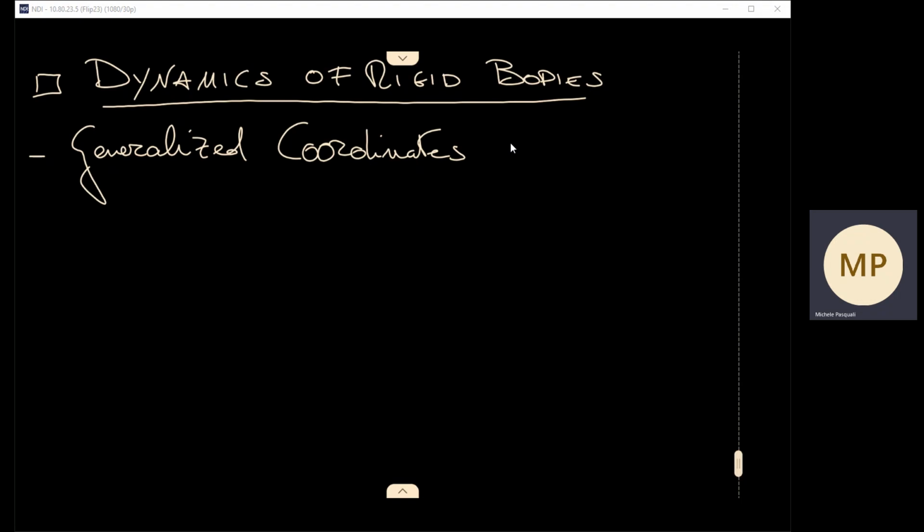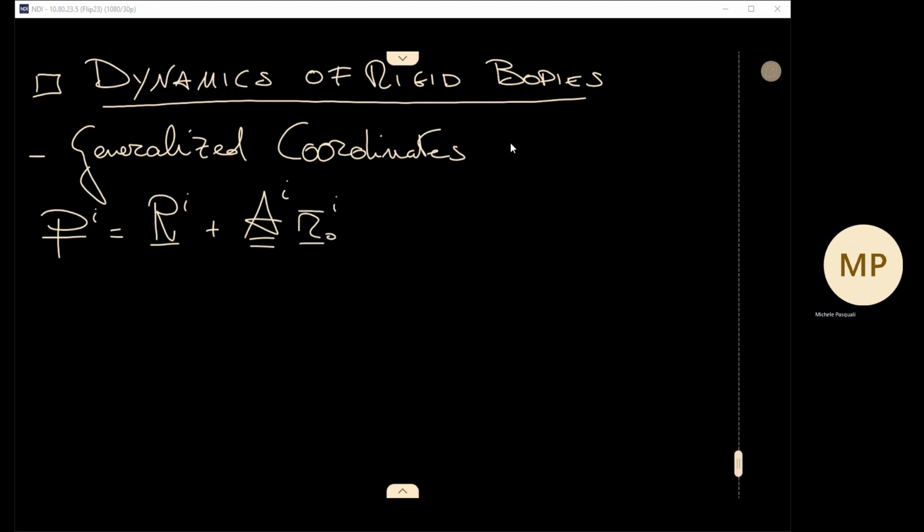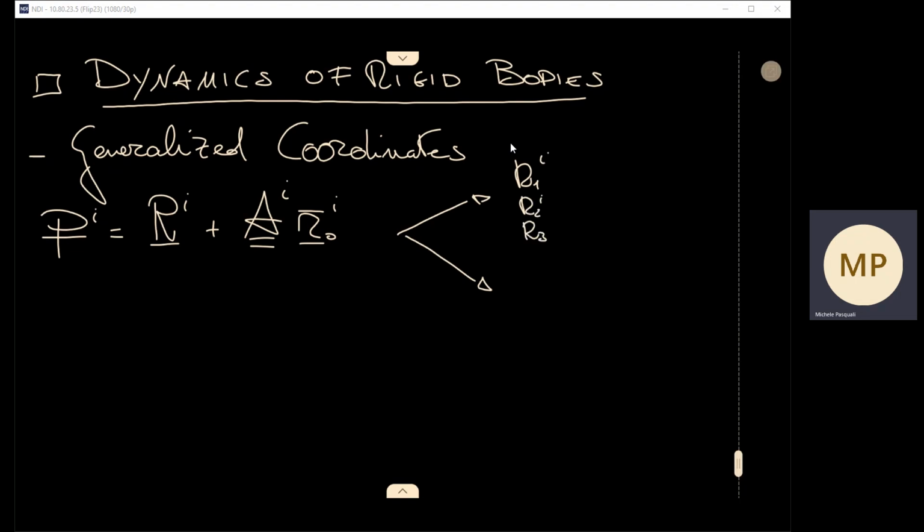Okay, but in any case, if you take into account our now well-known relationship of the position of a rigid body in space, what we have is three coordinates, R1, R2, and R3, with superscript i, for the position, so three parameters for the position of the body B^i.